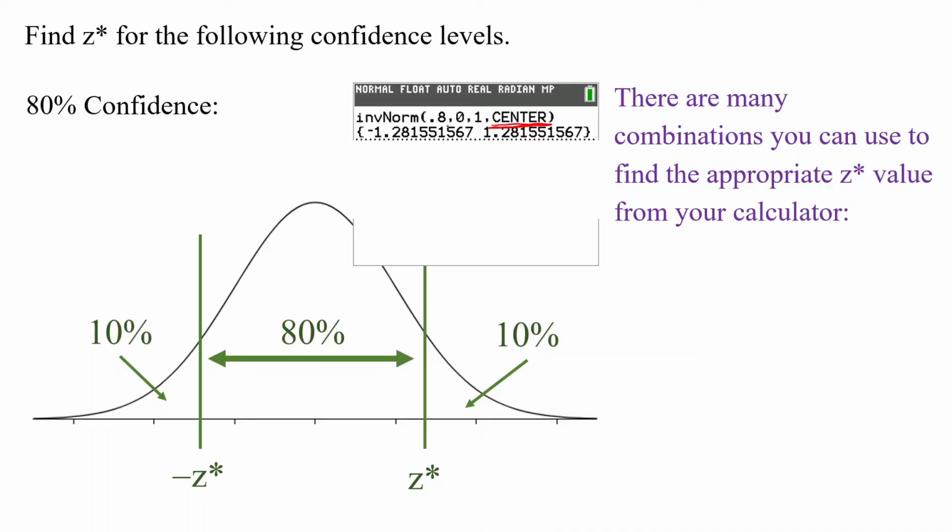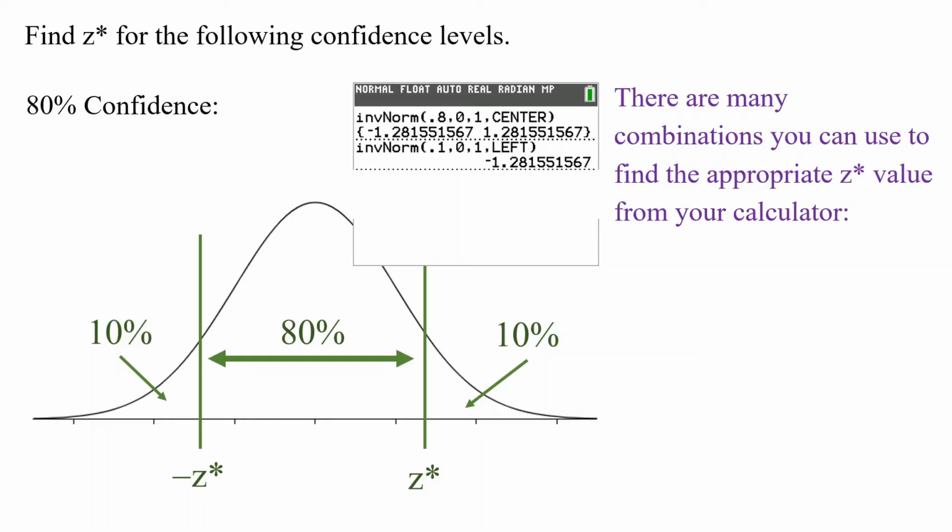If you want 80% in the center, which is what our confidence level is, I put that in, and that gives me the negative z star and the positive z star. Notice those are the same numbers, just one is positive and one is negative. And I found my z star value, which I'll need to create my confidence interval. So you can put that in: 80% in the center.